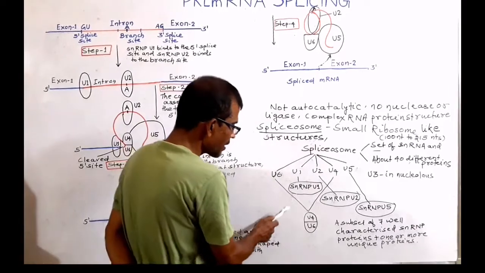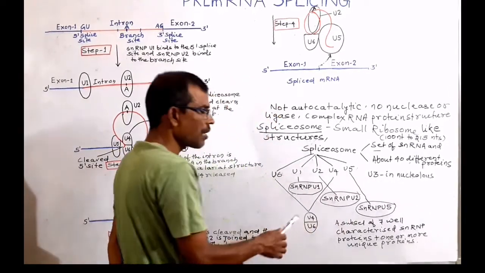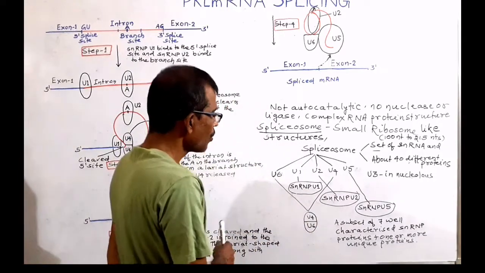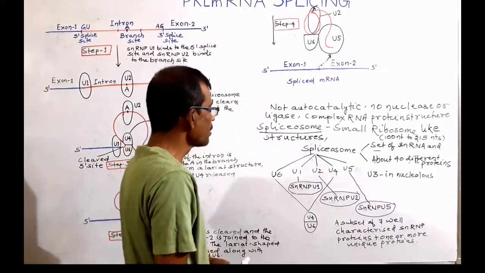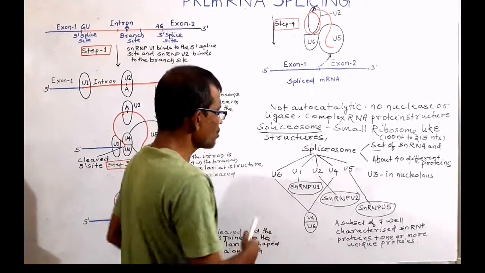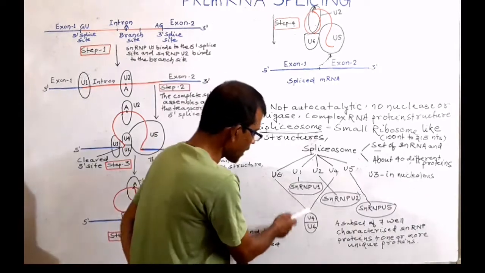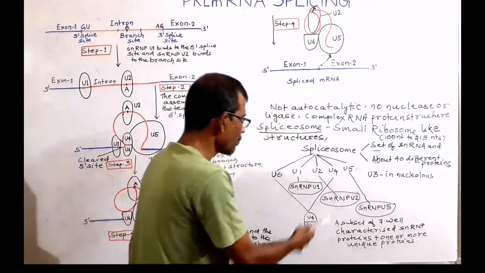So totally there are 4 different types of small nuclear ribonucleoprotein which are assembled to form the spliceosome.